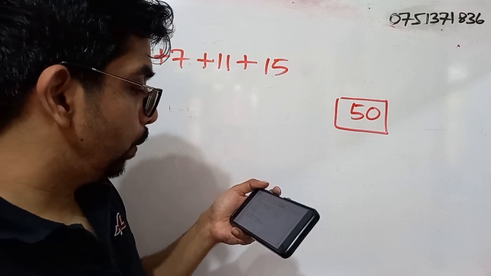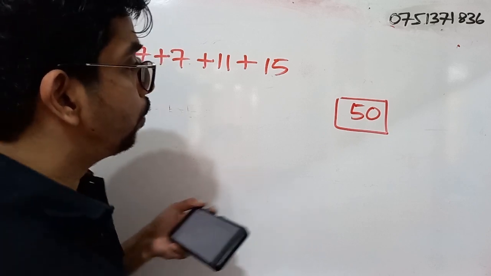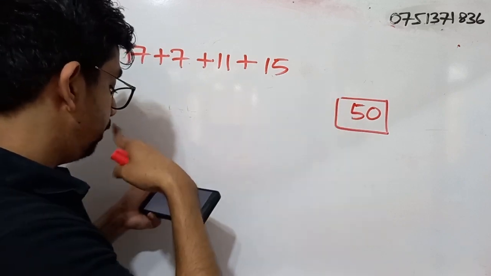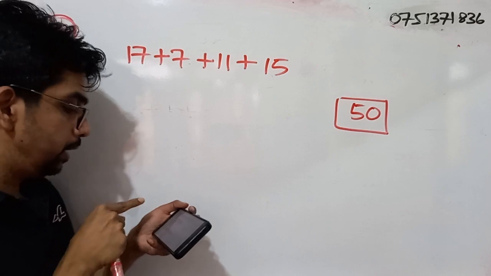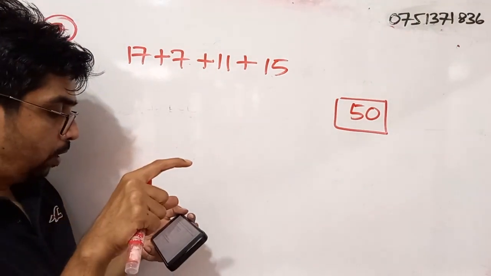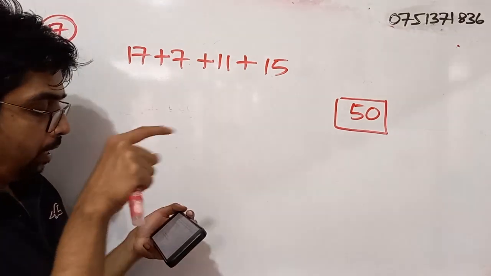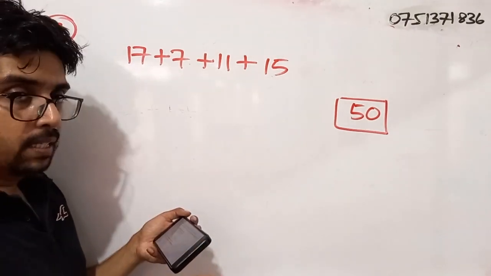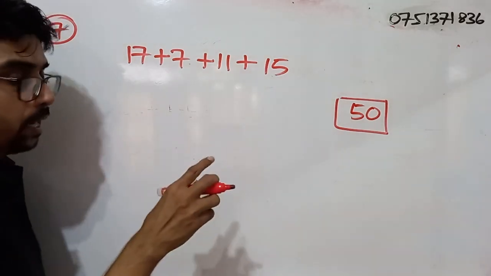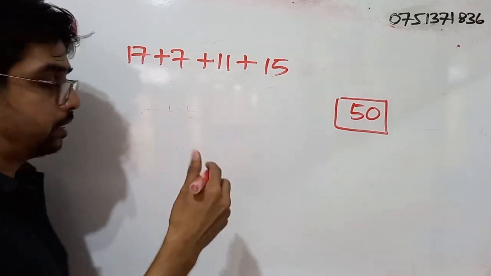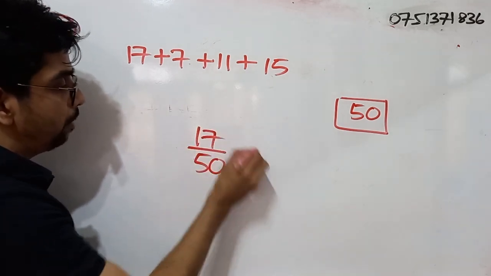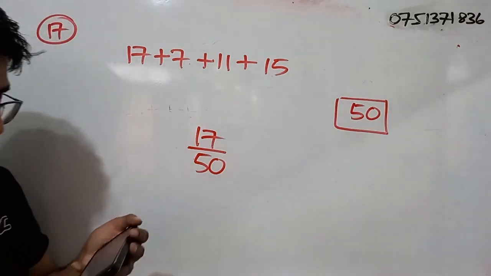So in the table, out of 50 total people, how many of them wanted the sports bag? 17, if you check the first row, sports bag, number of people, 17. If we write that as a fraction, the denominator will be 50 and the numerator will be 17.